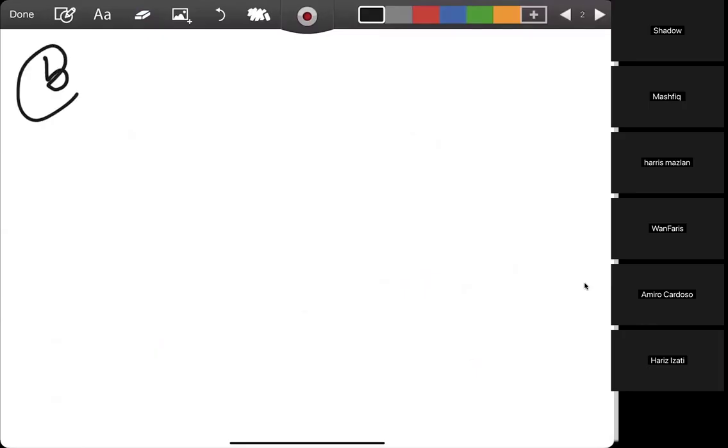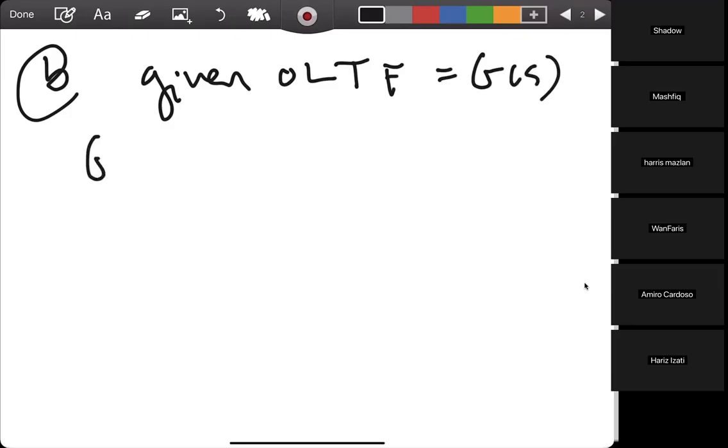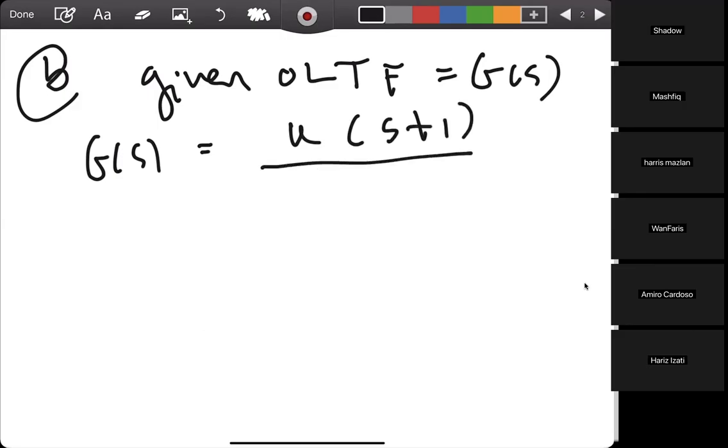And then the other one is the sketch of a given open loop transfer function, which is G(s). G(s) is K(s plus 1) over s(s plus 2)(s plus 3). Okay, so we have a third order system.